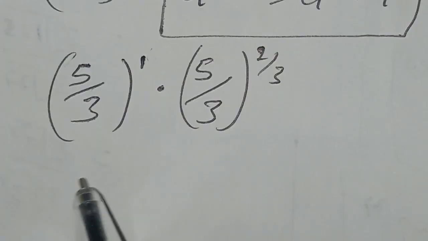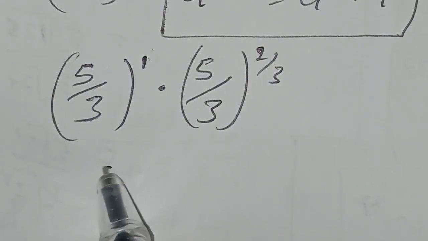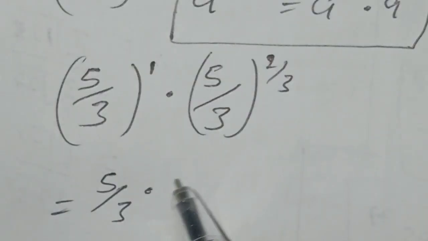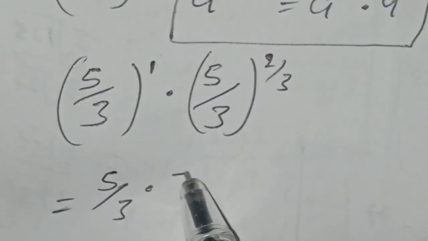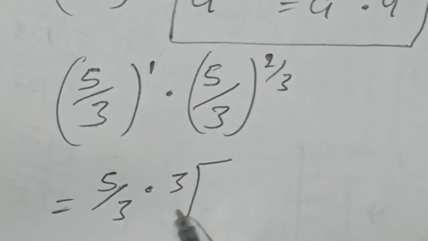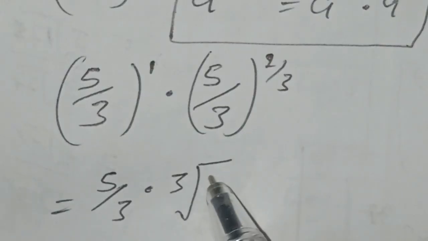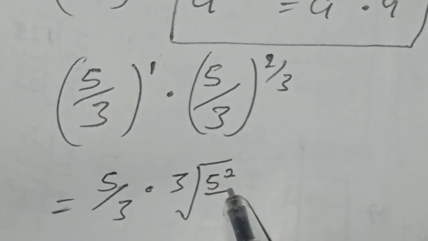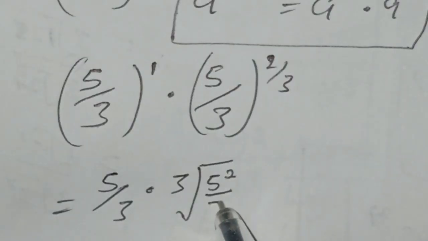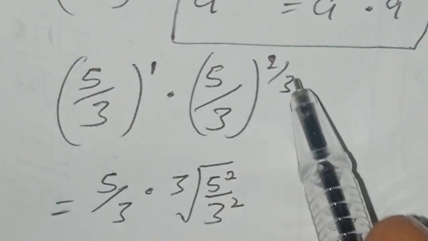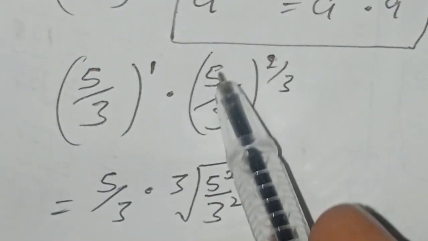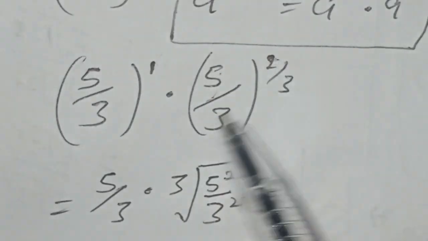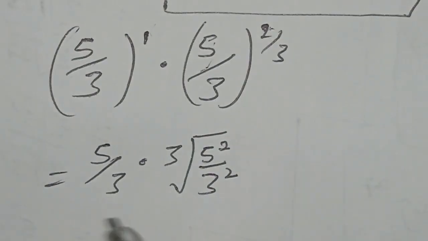So now we have 5 over 3 multiplied by the cube root of 5 over 3, all to the power of 2. The 5 and the 3 take the power of 2.